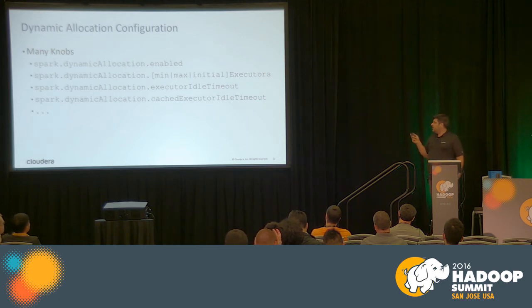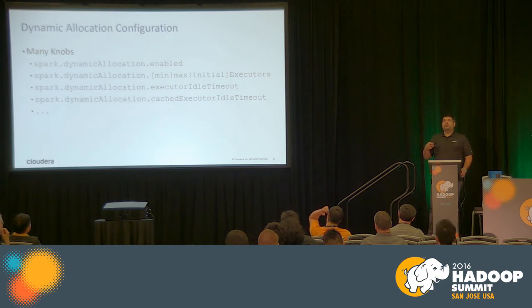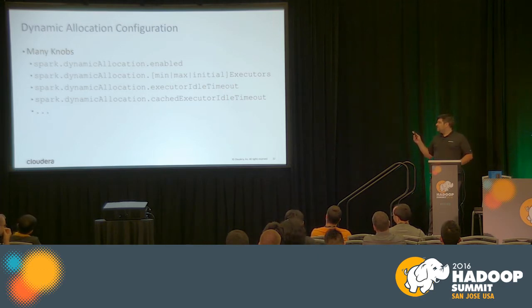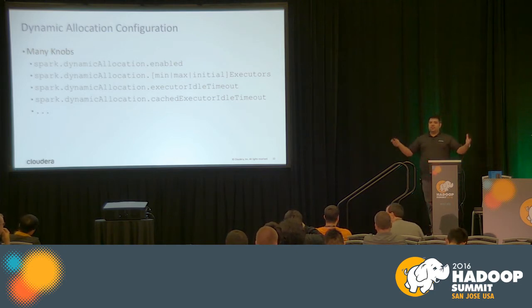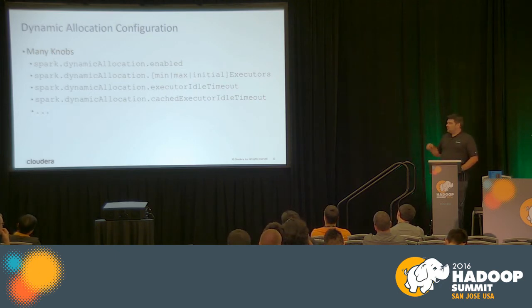By default, I believe that timeout is 0, so that timeout is infinite, I believe. So if you do have a cache, your resources don't go away. And if you specify this timeout, let's say for 3 seconds or 10 seconds or whatever, then after 10 seconds, your nodes that are not processing any work but have cache data will start going away. Right? And there's a bunch of other configurations here too.